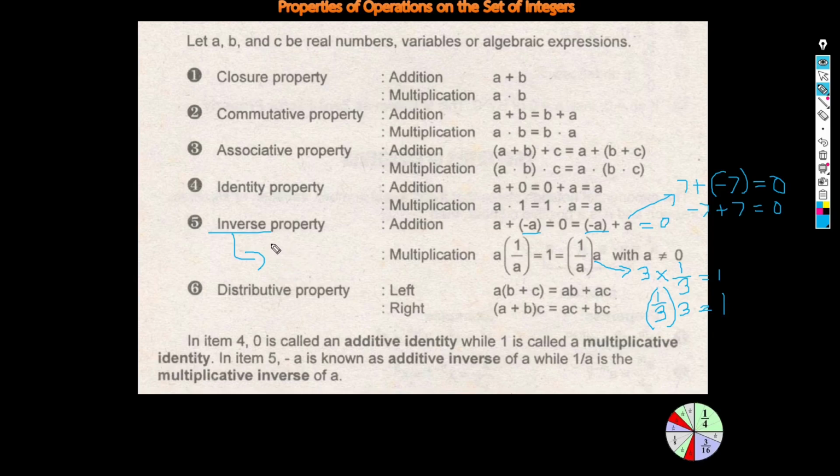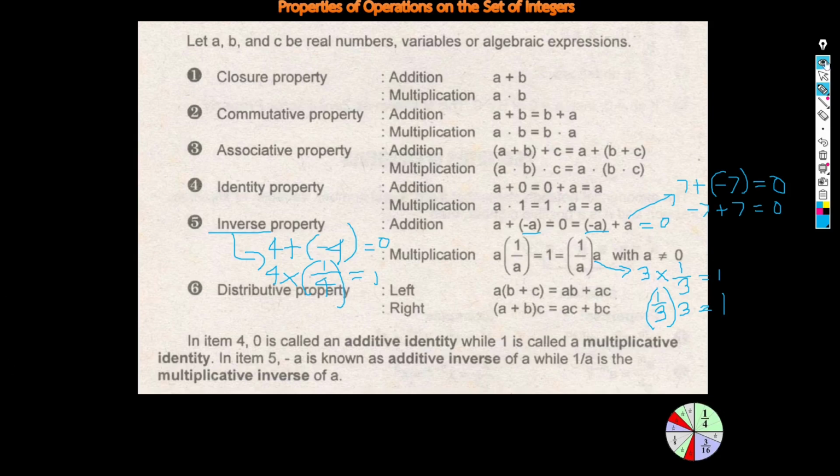For example, 4, and the opposite of it is negative 4. So that's the inverse. But when you multiply 4 with its multiplicative inverse, or the baliktad of it, which is 1 over 4, it will give you a 1. For the additive inverse, it will give you a 0. That is the inverse property, based on the word inverse or baliktad or opposite.